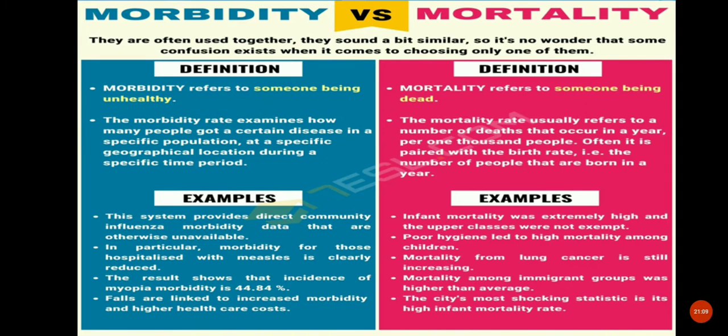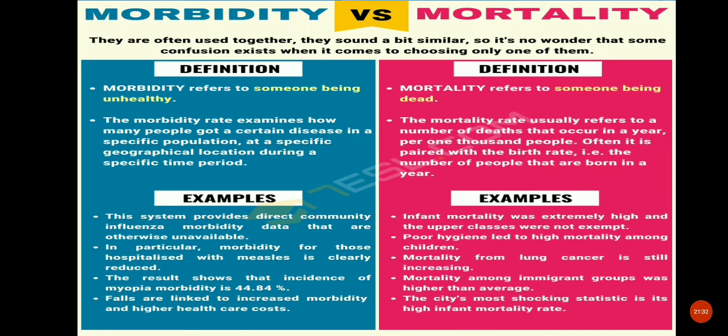Next is morbidity and mortality. Morbidity refers to the state of being sick within the population, while mortality refers to the number of deaths within the population.